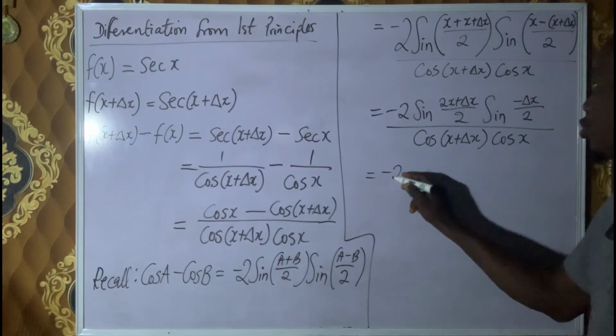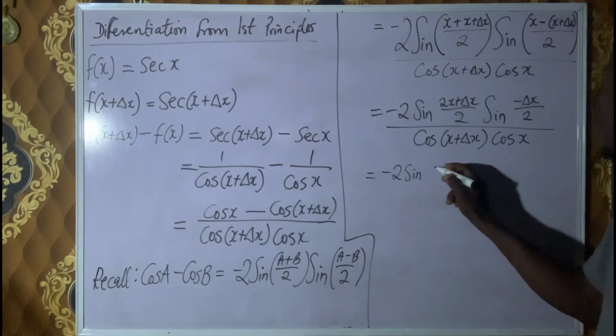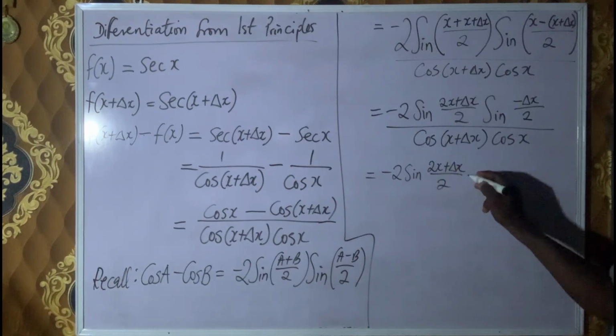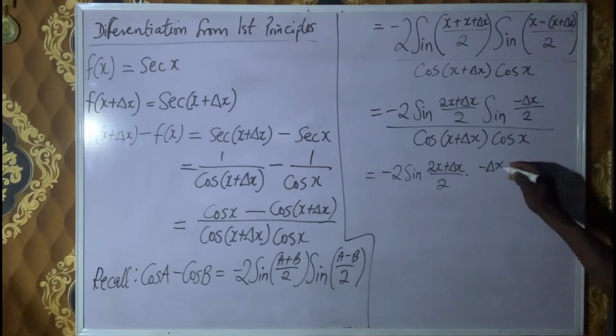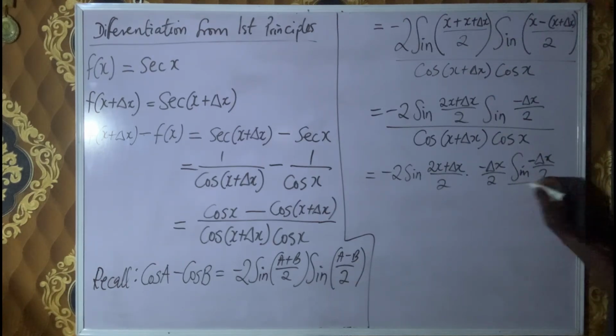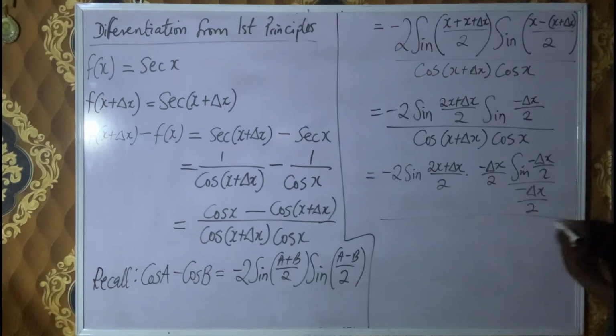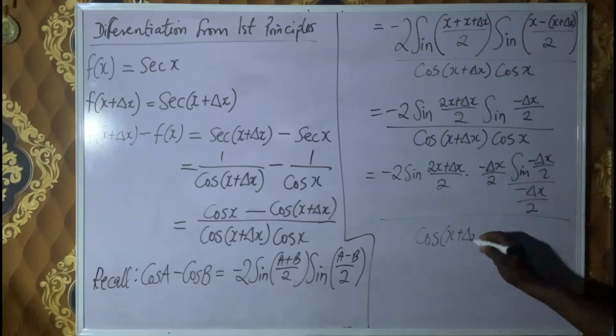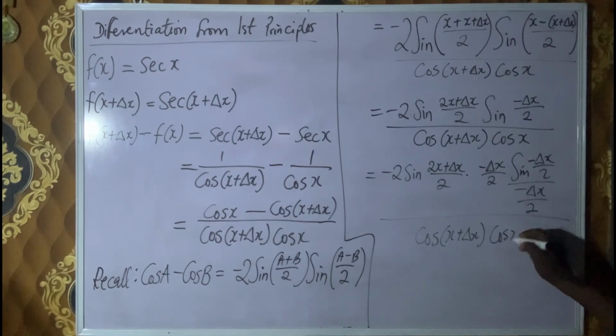You're going to have minus 2 sine of (2x plus delta x) over 2, times minus delta x over 2 times sine of minus delta x over 2, all over minus delta x over 2, divided by cos of x plus delta x times cos x.